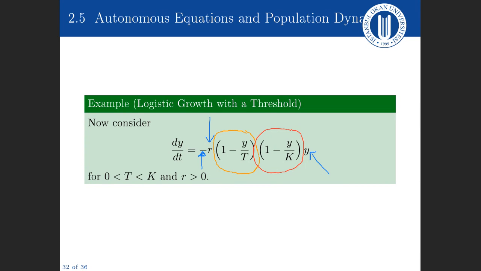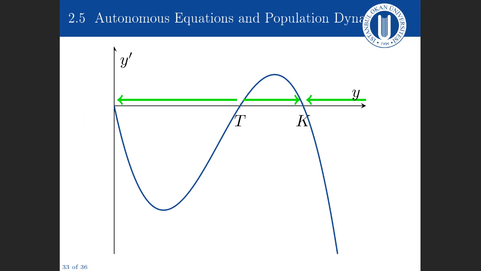Now, on this model, we require that capital K and capital T are positive constants, and that capital K is bigger than capital T. And again, I want small r to be a positive constant. Here is the graph of f of y against y, or y prime against y.